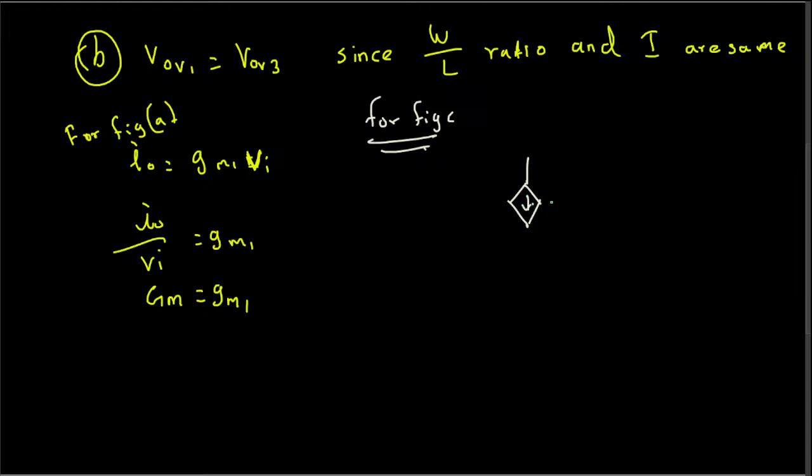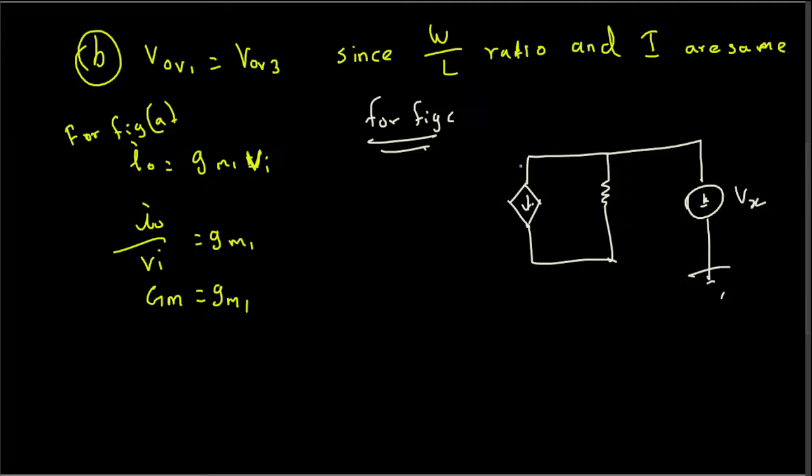We're going to have a current source here, and then the output resistance right here, and this one is connected to a voltage, let's call it Vx, and connected to the ground. Here you have to see the gate, drain, and source: the source is at the bottom, and the gate is right here.